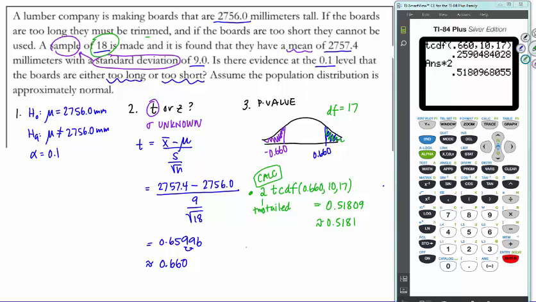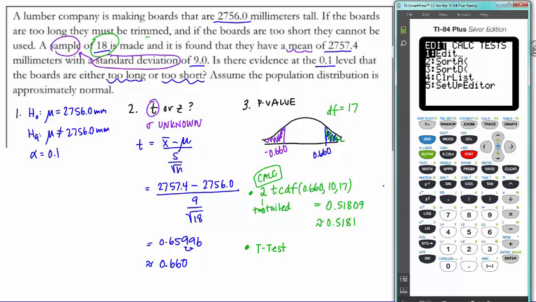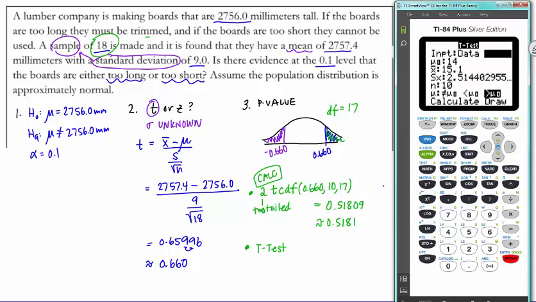Alternatively, if we don't just do the CDF, we could run the whole test in the calculator, run a t-test. Remember, that is in the stat menu, tests, number 2, t-test. We will input statistics. We have summary statistics from the sample. The null hypothesis was 2,756.0. Sample mean was 2,757.4.